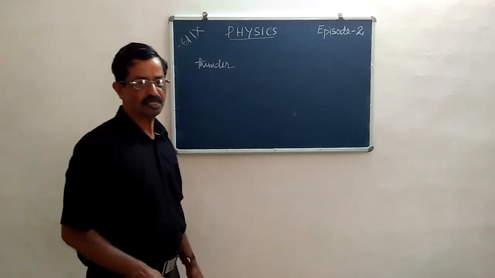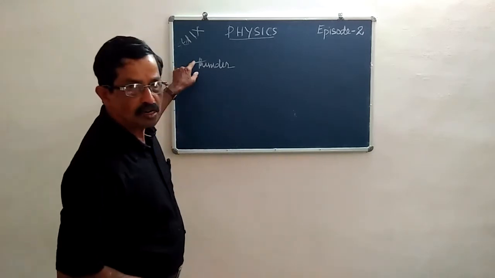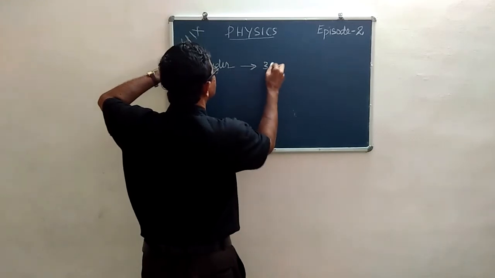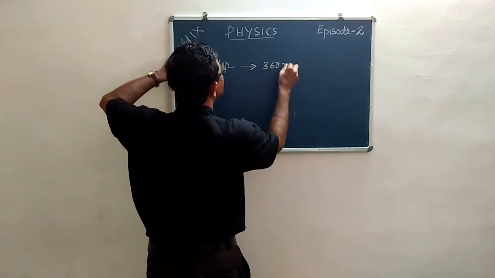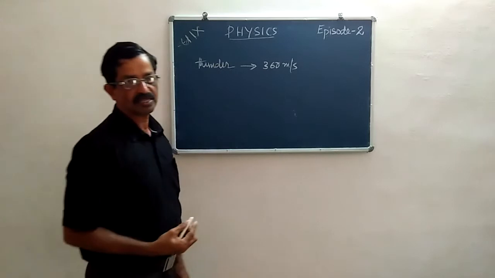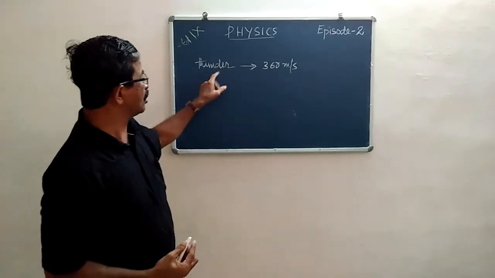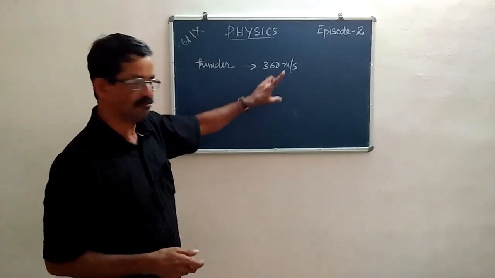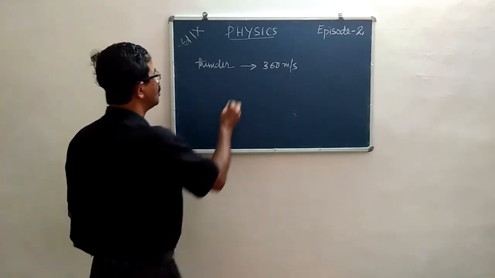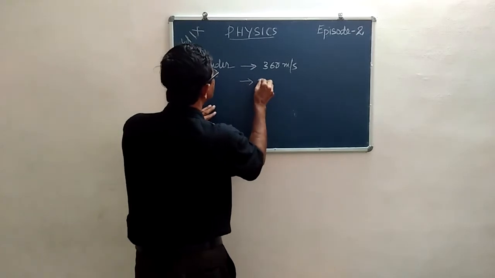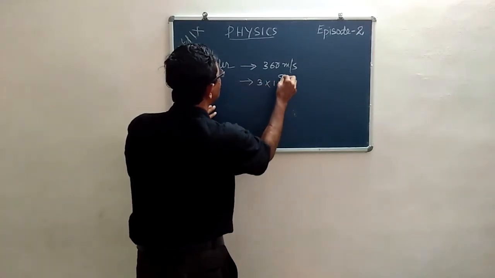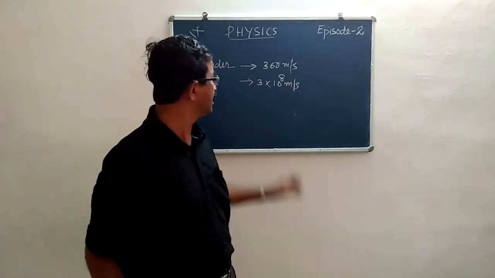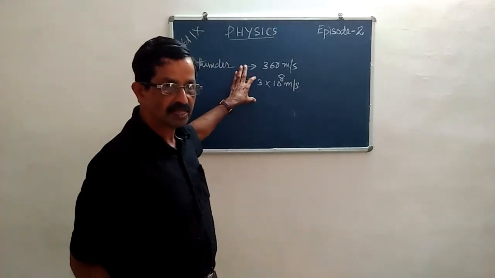What is the reason for this? You know, sound travels at nearly 360 meter per second. What is the speed of sound? 360 meter per second, nearly. But what is the speed of light? It is 3 into 10 raised to 8 meter per second. So the speed of light is very high.